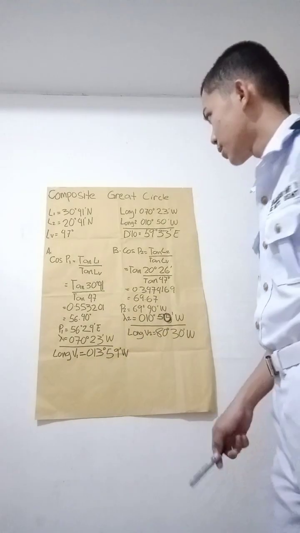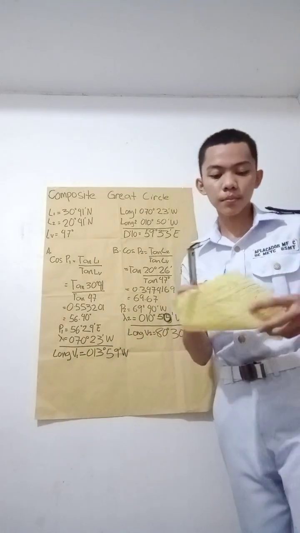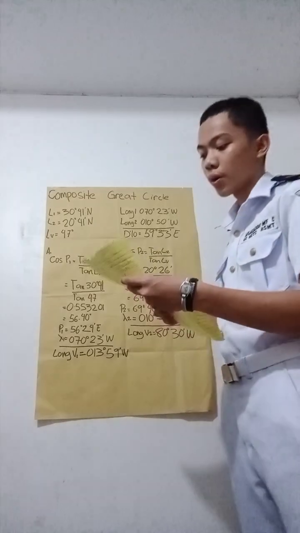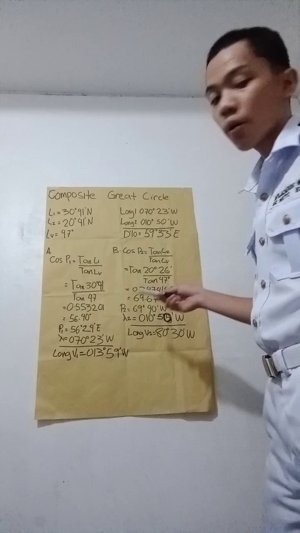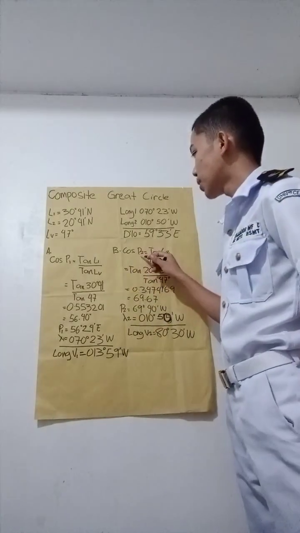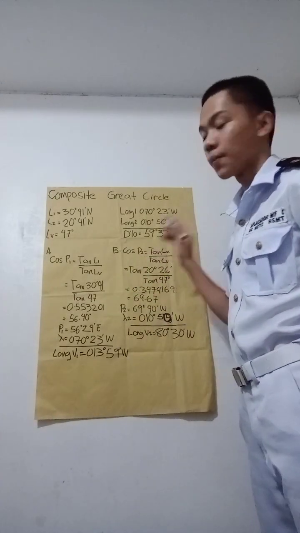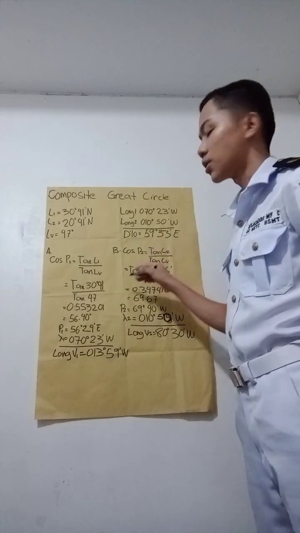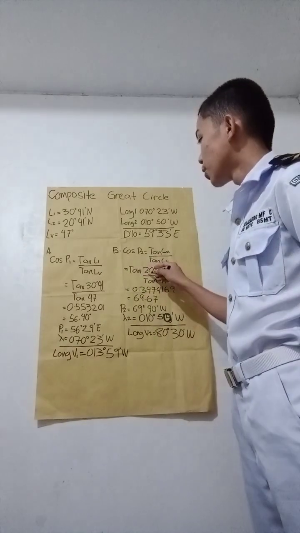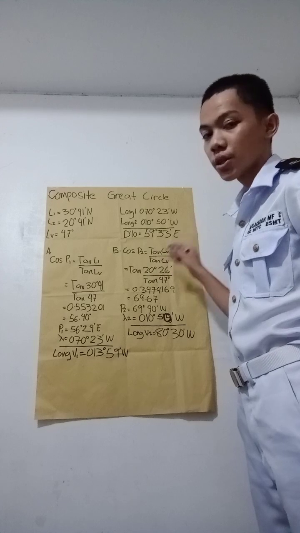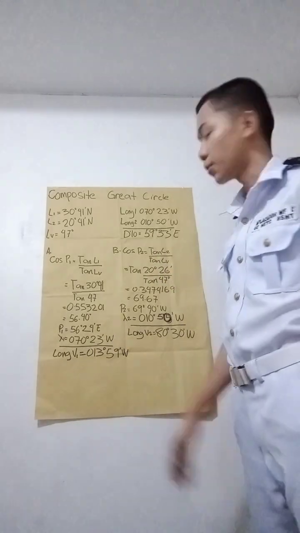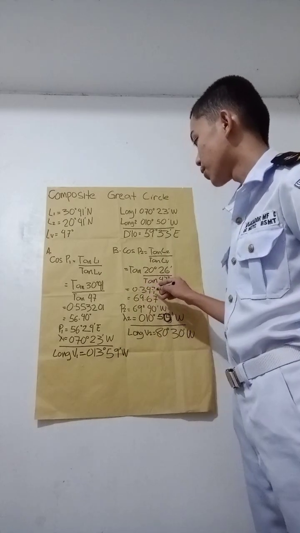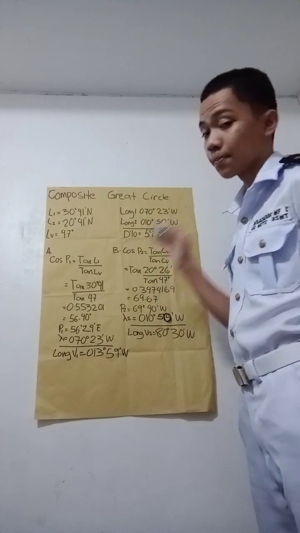So next, we need to solve the longitude when leaving the maximum latitude. So our formula is cos P2 equals tan L2 over tan LB. So equals tan 20 degrees 26 minutes divided by tan 47 degrees is equal to 0.3474169.